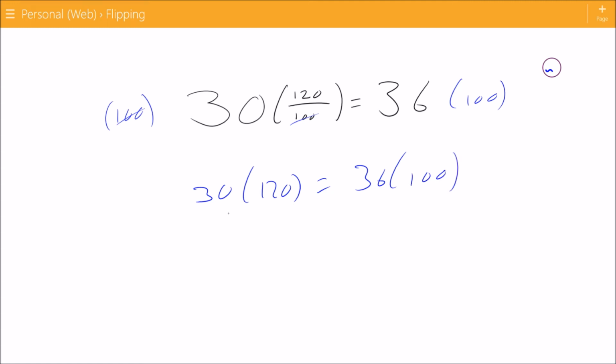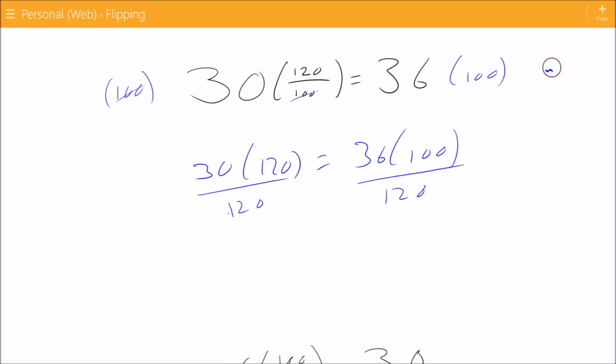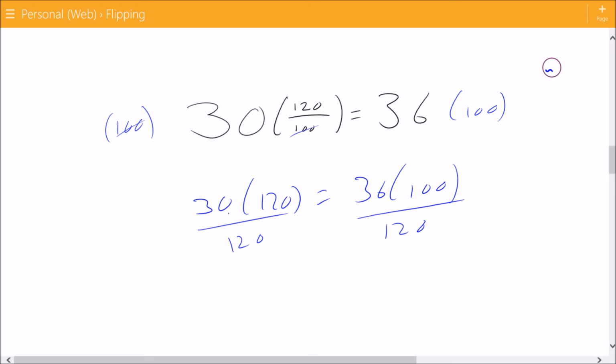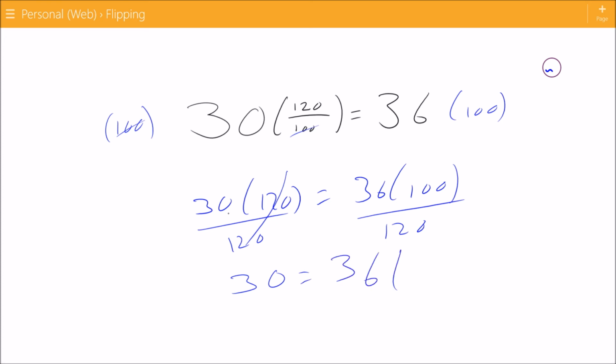Let's clear out the 120 on the left, and then those cancel. 30 is equal to, I'm going to phrase this a little bit specifically over here, 100 over 120. It's a ratio.